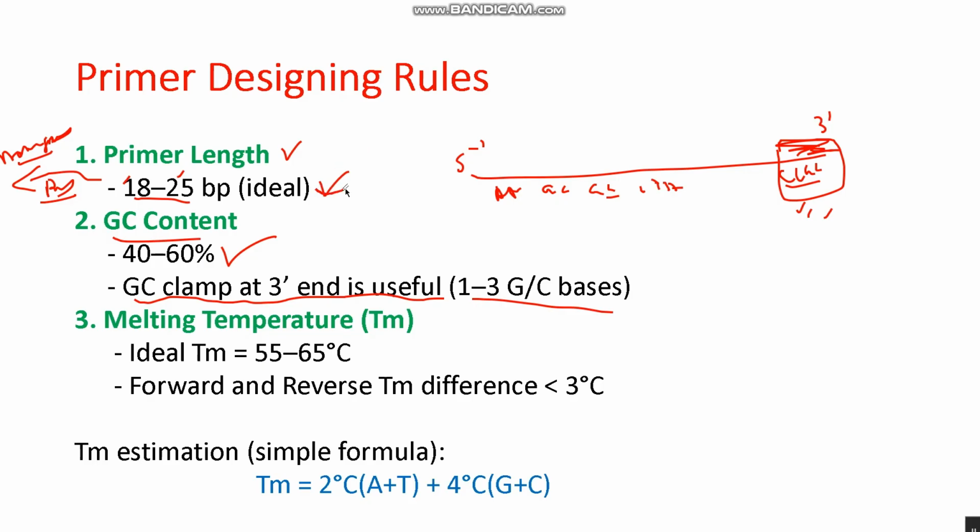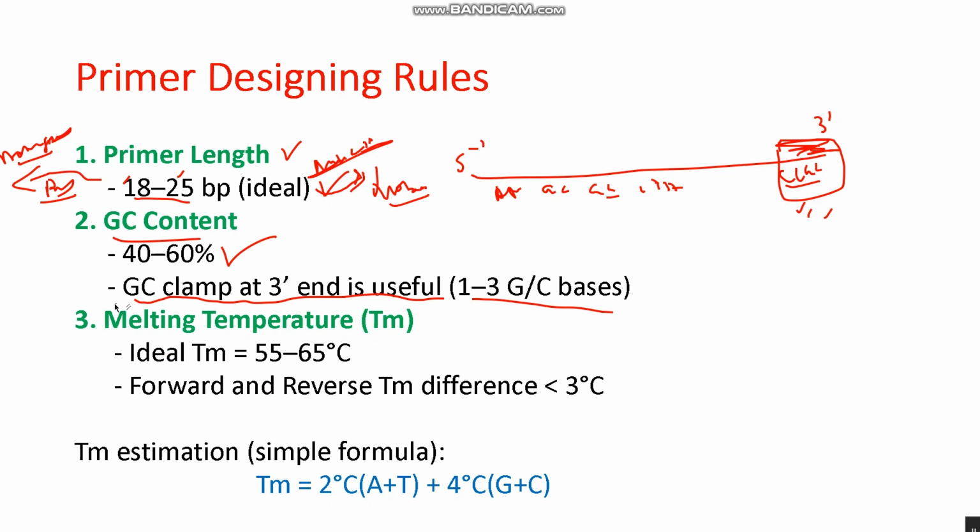But if we increase the nucleotide size, then there is a chance we get no bands. Why? Because the chances to attach will decrease.